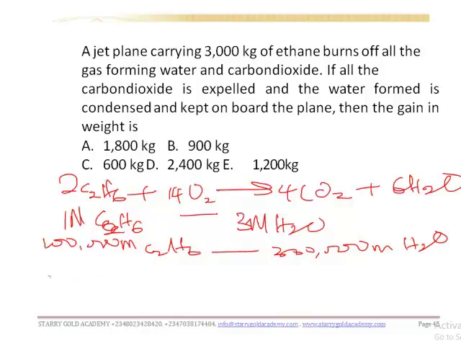Therefore, the quantity of H2O now will be what? 300 times 18, which is what? 5400.